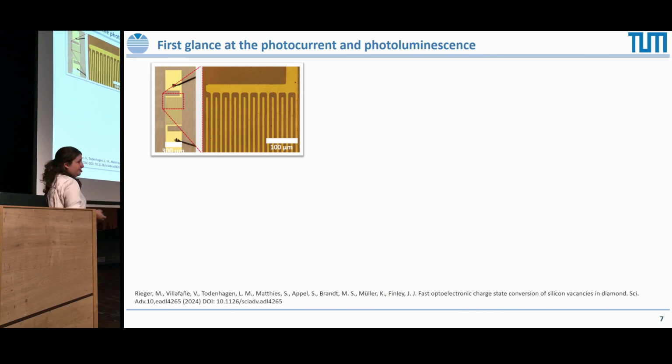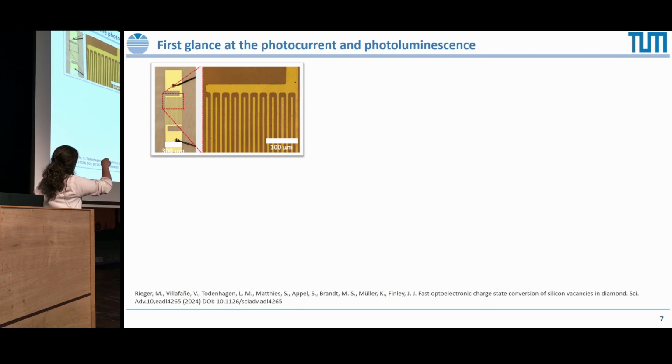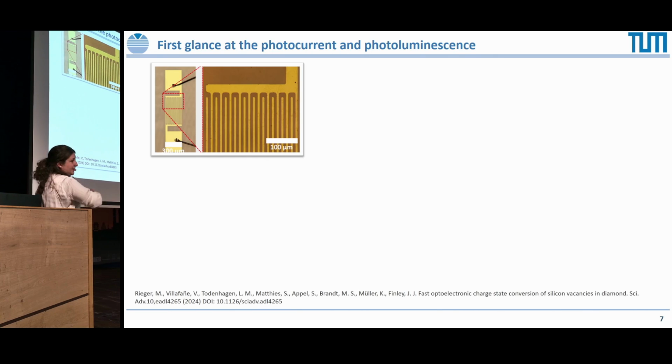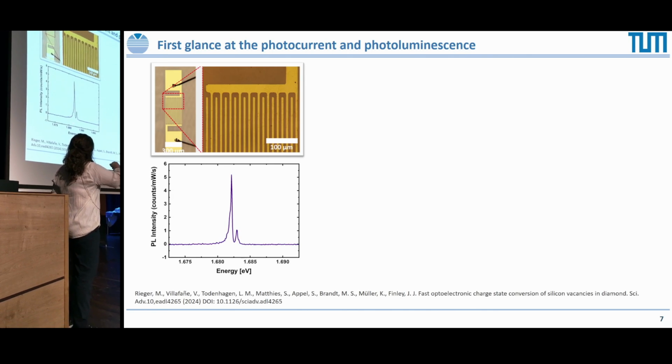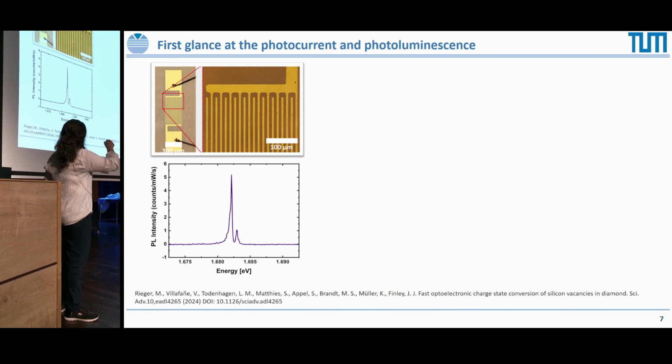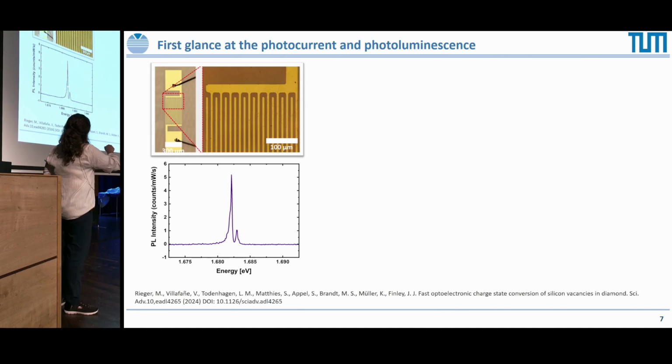So, a quick recap. Last year, I showed some results that Manuel had published, where we were trying to get rid of and pacify this charge state environment by putting gold electrodes on top of our diamond and addressing these SiV color centers using off-resonant excitation. Here is how the PL of a SiV looks when you shoot a green laser at it. You can see 2 lines here and 2 lines here that are not resolvable because we are measuring with a normal spectrometer.